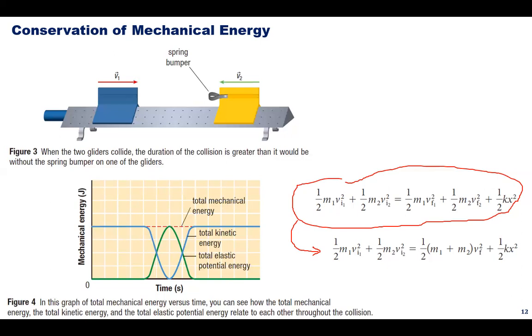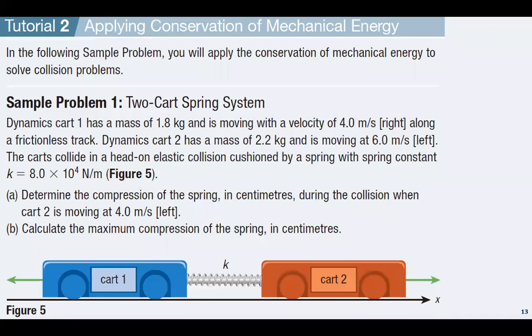Okay, next, let's consider some sample problems in which we'll apply the conservation of mechanical energy to problems involving the physics of spring carts. First, let's consider this sample problem here. Two-cart spring system. Dynamics cart 1 has a mass of 1.8 kilograms and is moving with a velocity of 4.0 meters per second to the right along a frictionless track. Dynamics cart 2 has a mass of 2.2 kilograms and is moving at 6.0 meters per second to the left.